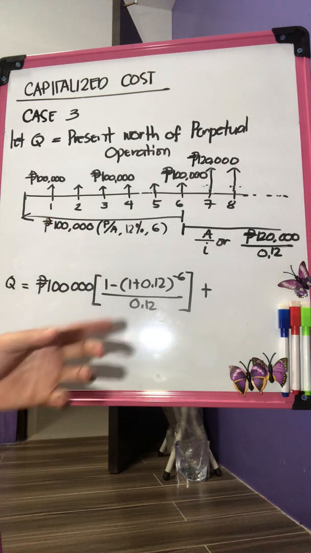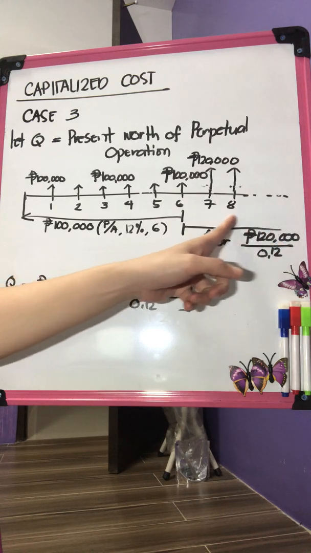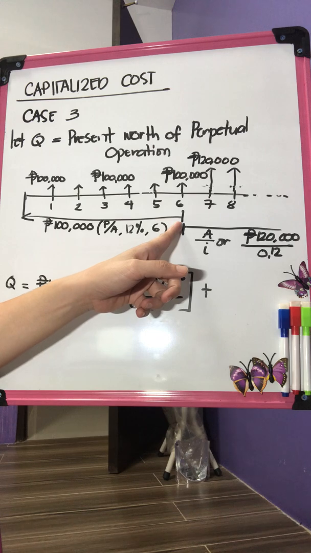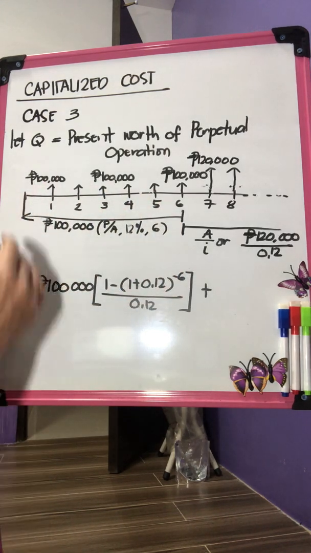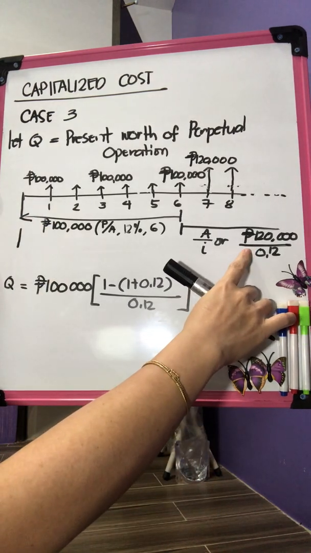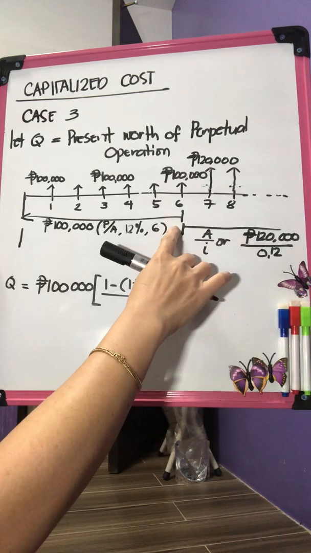So, if we're going to get the P, yan ay from here hanggang dito lang sa 6th year. Okay? So, kailangan, ang kukunin kasi natin is present worth ngayon. So, hanggang dito dapat. If you're going to get the present worth ng 120,000, yan ay makukuha nyo hanggang 6th year lang.